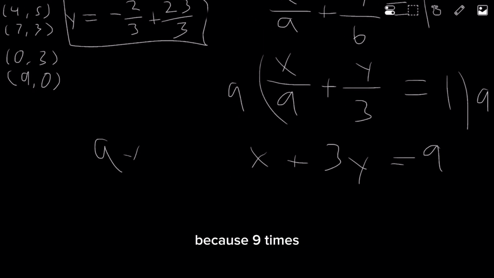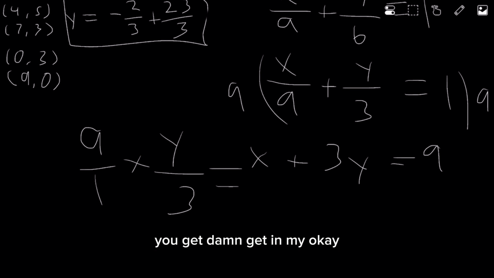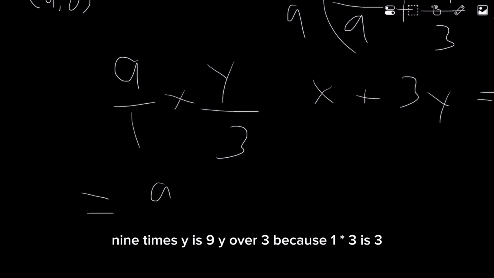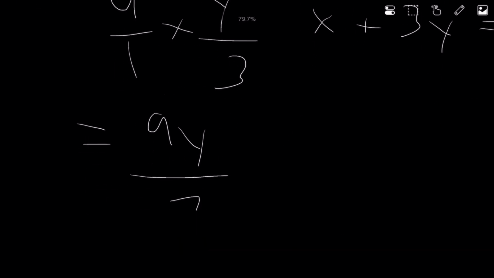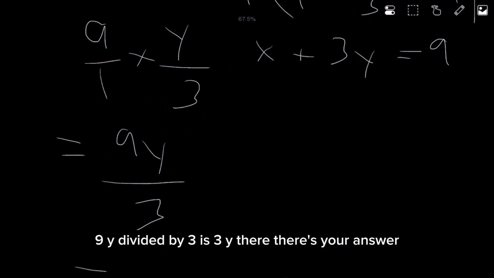Because 9 will also be 9 over 1 times y over 3. 9 times y is 9y over 3, because 1 times 3 is 3. 9y divided by 3 is 3y. There's your answer.